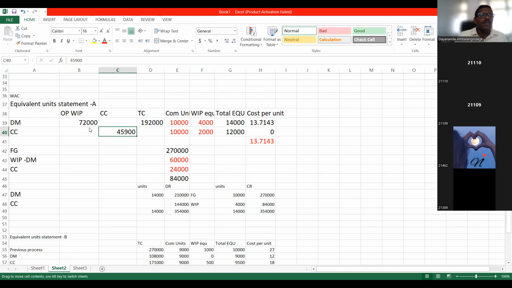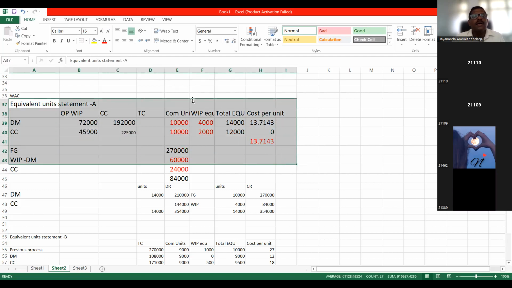This is the opening WIP cost. Is it clear? Yes. The current cost is with regard to the raw material, so much. With regard to the conversion cost, 225. Okay, so you can calculate the total cost.